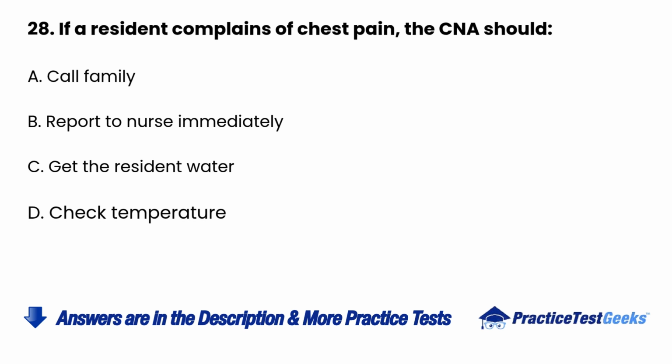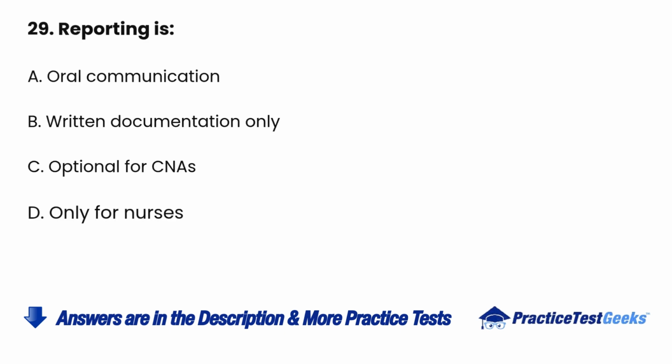28. If a resident complains of chest pain, the CNA should A. Call family. B. Report to nurse immediately. C. Get the resident water. D. Check temperature. 29. Reporting is A. Oral communication.